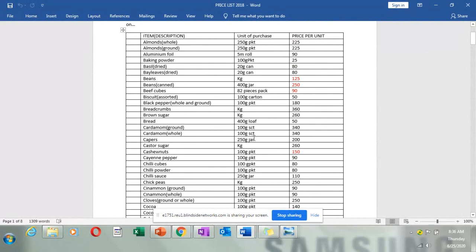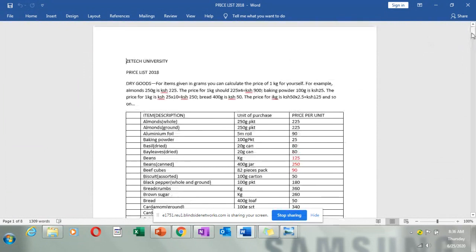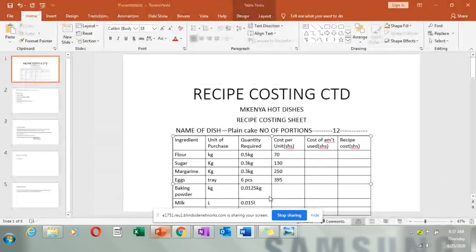So that means a whole kilogram of baking powder, according to the instructions given here, for 100 grams baking powder we said the price for 1 kilogram is going to be 25 times 10, isn't it? So it is 250 shillings per kg. So 250 shillings.